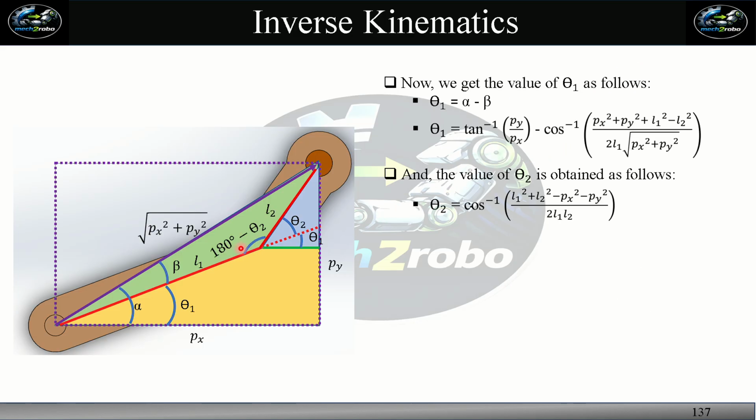So theta 2 is equal to cos inverse of L1 square plus L2 square minus the square of the square root of px square plus py square, which after squaring becomes minus px square minus py square, upon 2 L1 L2, and thus we easily get the theta 2 angle.